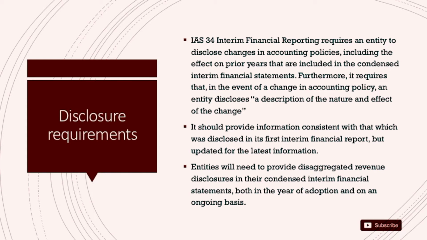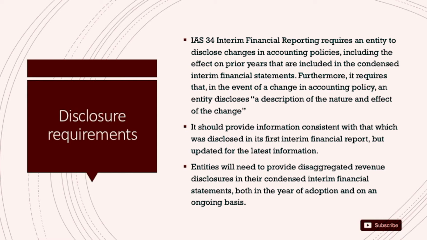And one more thing is that it should provide information consistent with that disclosed in the first interim financial report. Suppose we disclose something in the first interim, that is, 31st March, the same pattern of disclosures is required to be given in the quarter ending June 2018.